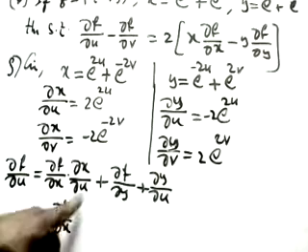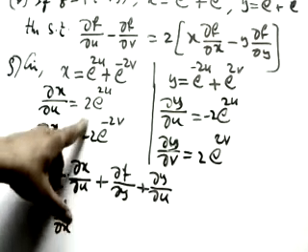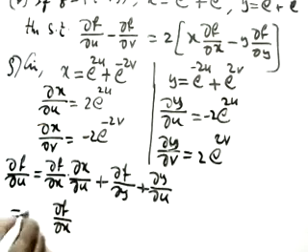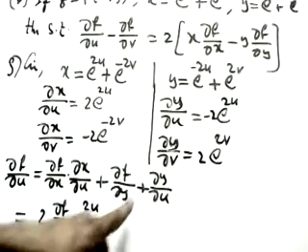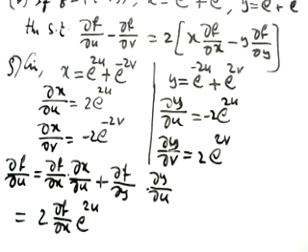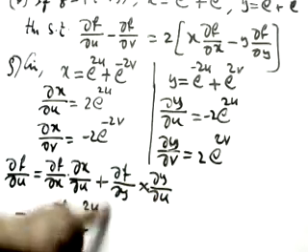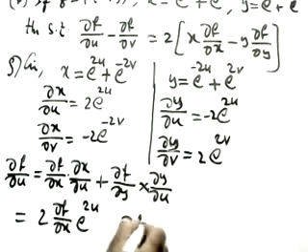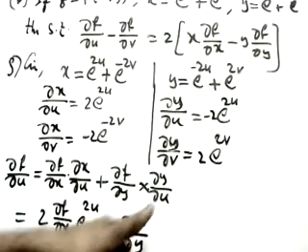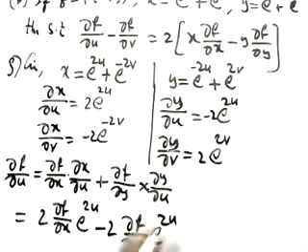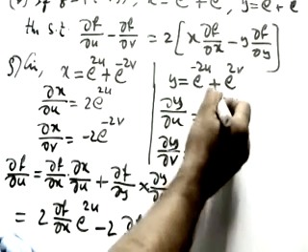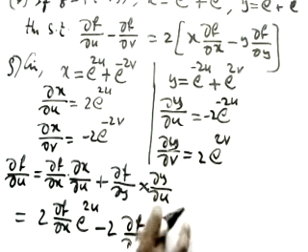You write ∂f/∂x as it is. Now ∂x/∂u, its value is 2 e power 2u. And ∂f/∂y you write as it is. Now ∂y/∂u is minus 2 e power minus 2u.